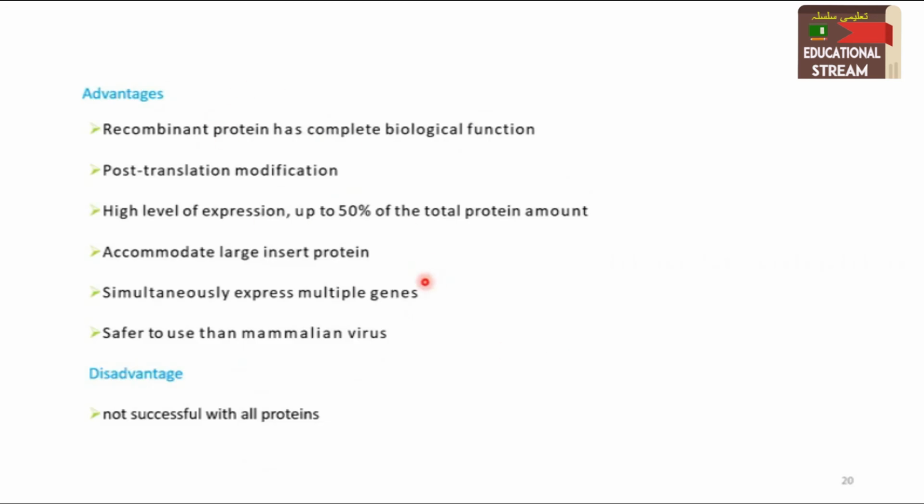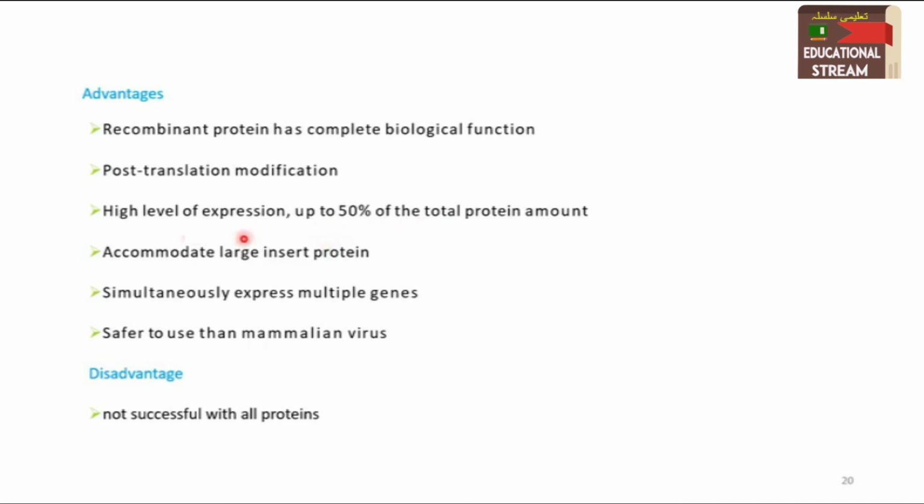There are certain advantages of using the insect as the host organism for expression of recombinant protein, because the recombinant protein which is produced in this host has complete biological function. It has the same post-translational modification mechanism that exists in higher eukaryotes, and we obtain a high level of expression, up to 50% of the total protein produced within the host cell being the recombinant protein.